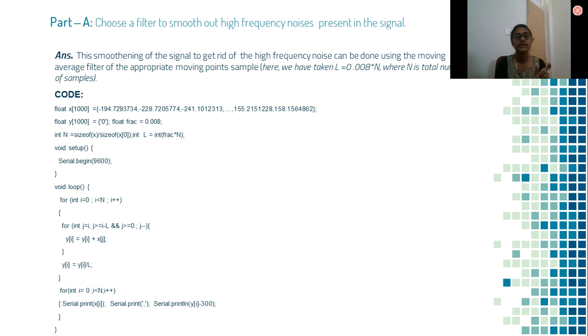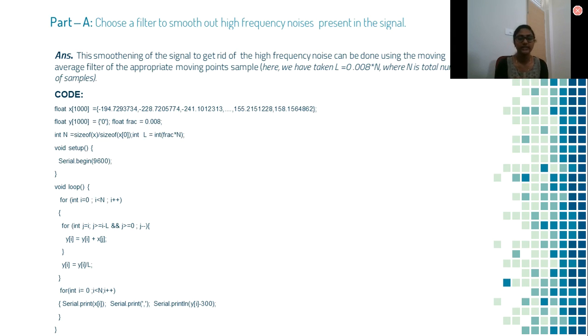This is the standard way to get the number of items in an array independent of what the items are, like integer, float, or character. Here we'll be using the baud rate of 9600, as you can see in Serial.begin 9600. This baud rate should be common to both the laptop you are using and the Arduino board through which we'll be sending the data.